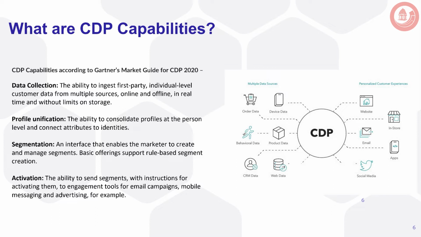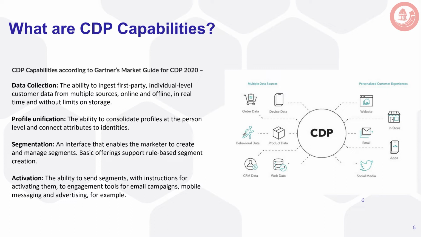The first one is data collection: the ability to ingest first-party individual-level customer data from multiple sources, online or offline, in real time and without limit on storage. There are many ways, depending on business need, to ingest the data into CDP, and we will briefly cover this in upcoming slides.